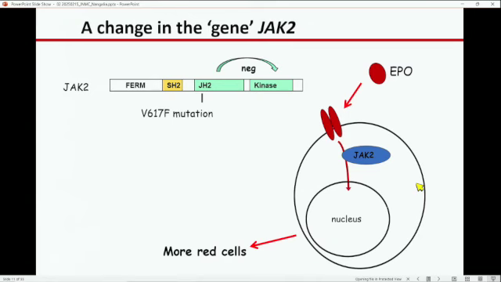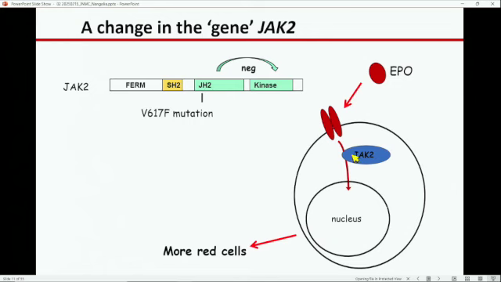Normally it switches on and off depending on what you need. You know, Tour de France riders who have occasionally used a little bit of additional EPO to boost their red cells, JAK2 is taking the signal down to the nucleus. So this is why when JAK2 is overactivated, you get more blood cells.